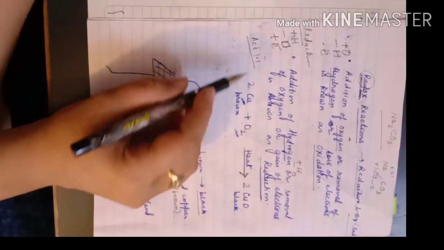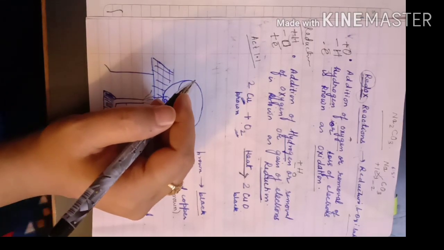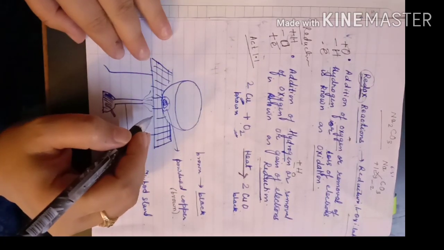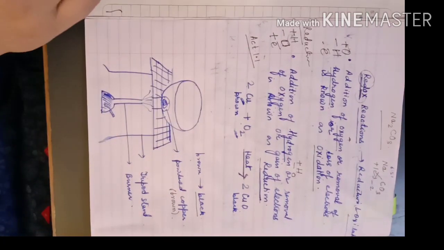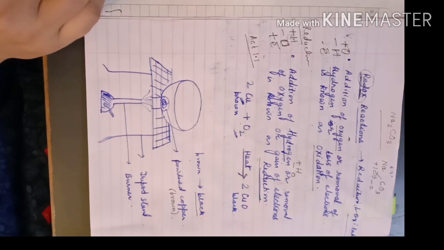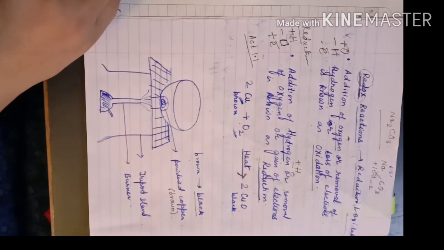Starting with activity 1.1, given in your book on page number 12: a china dish is taken and about 1 gram of powdered copper was heated. The observation was asked: what will happen when you heat powdered copper?